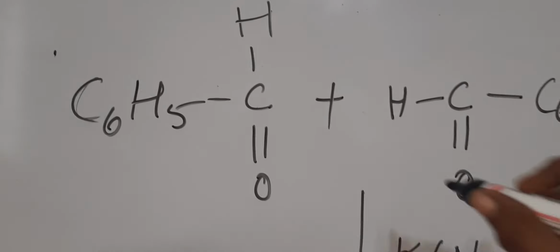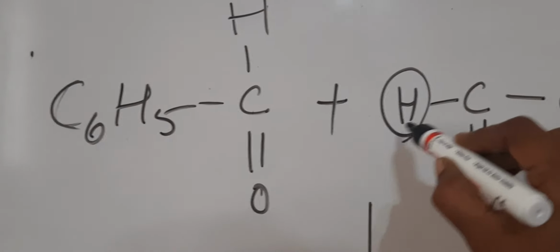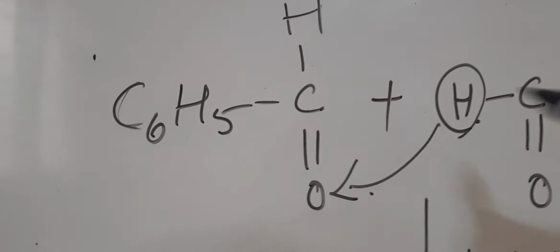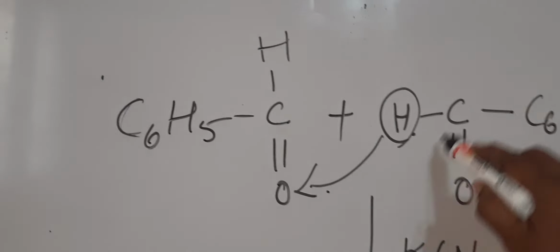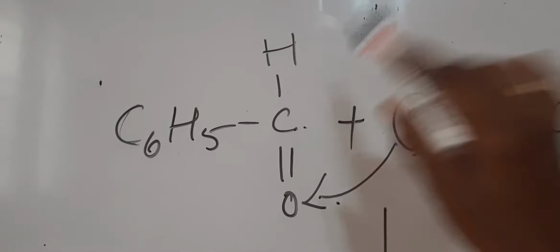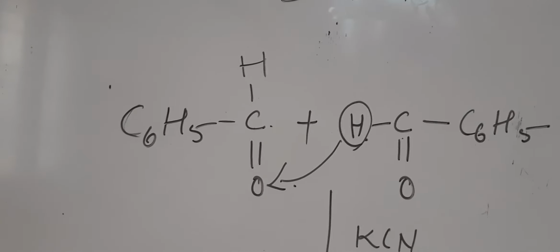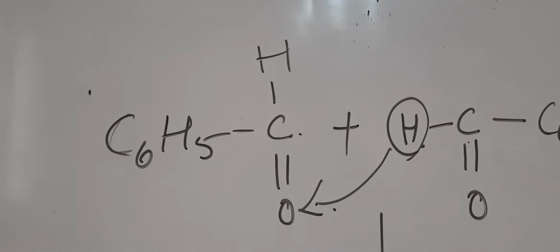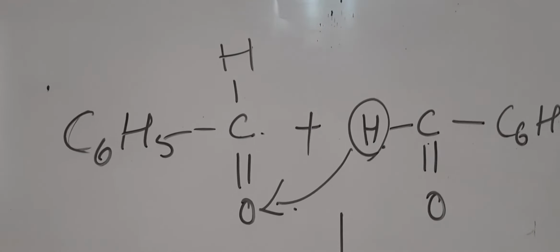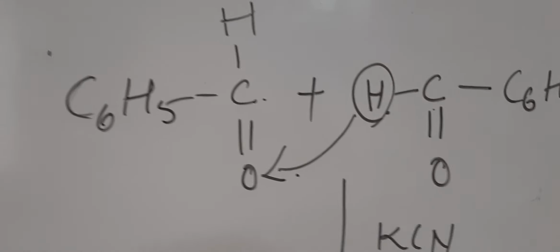Hydrogen from here should go and attach to this oxygen, and the remaining group should get attached to the carbon. The only thing is you should know to write the benzaldehyde in these two different forms correctly, then we can get the product easily.